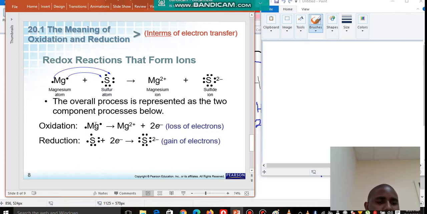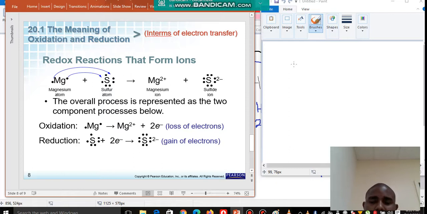We say oxidation is the process of electron loss. When an element loses electron to form its corresponding ion, then we say that element has been oxidized to its ion. When a nonmetal gains electrons, we say that is reduction.